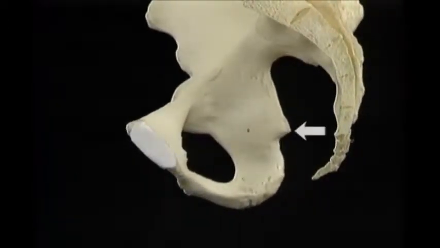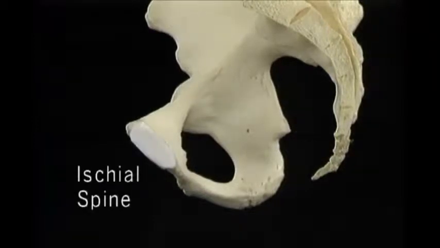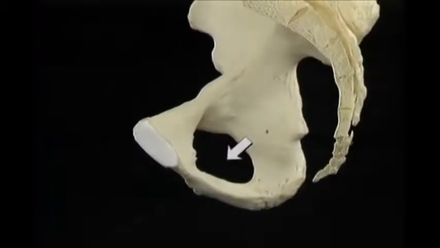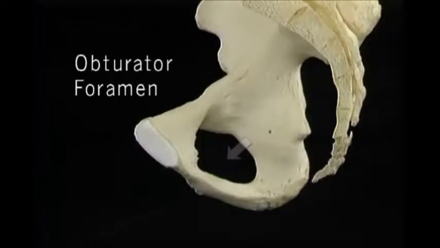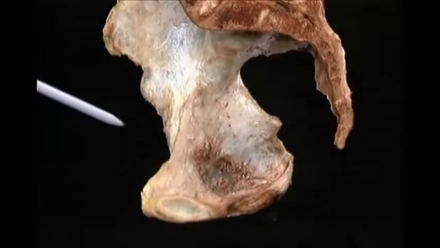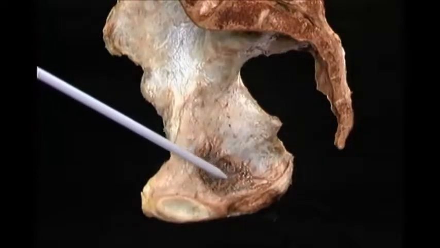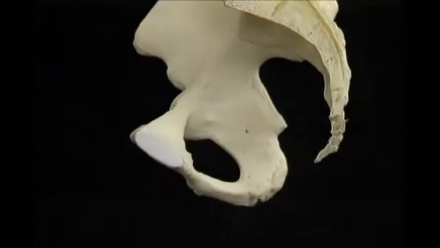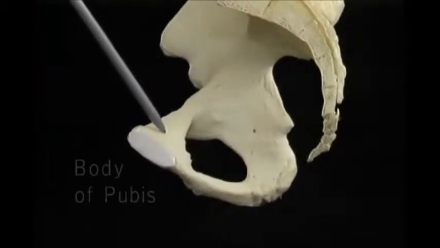This sharp prominence is the ischial spine. The large hole in the lower part of the hip bone is the obturator foramen. In the living body, it's largely closed off by the obturator membrane. This is the body of the pubis.